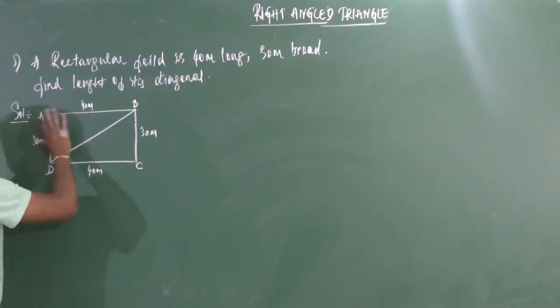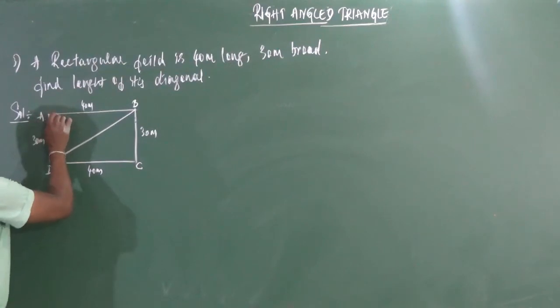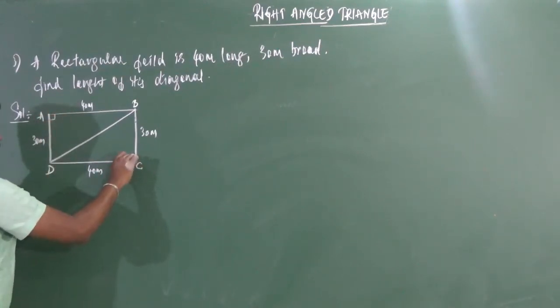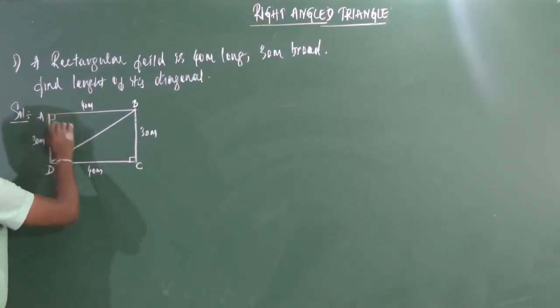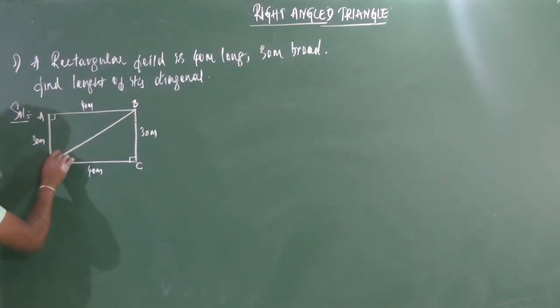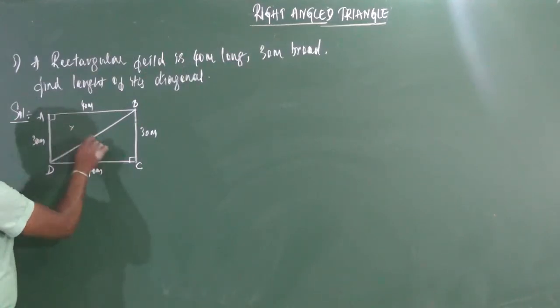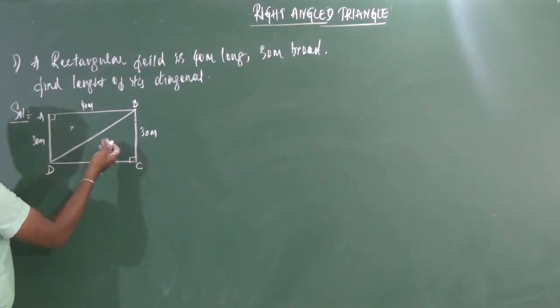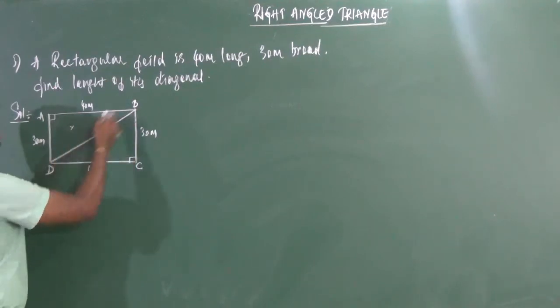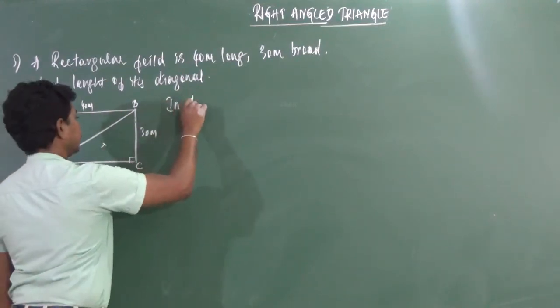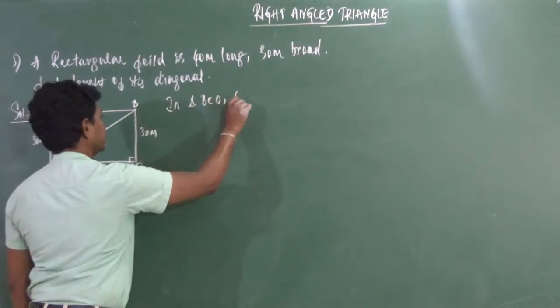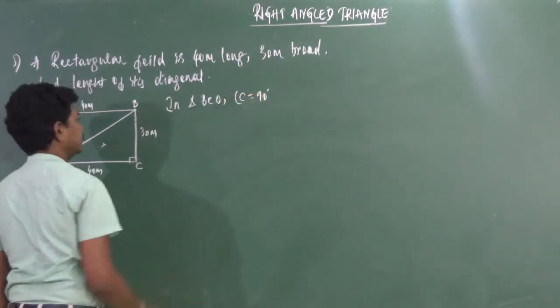We know that in a rectangle, all four angles are equal to 90 degrees. So we will take this as 90, this as 90, here also it is 90, this is also 90. Now we will select any one of the triangles, either this or this. We will go with triangle BCD. In triangle BCD, angle C is equal to 90 degrees.